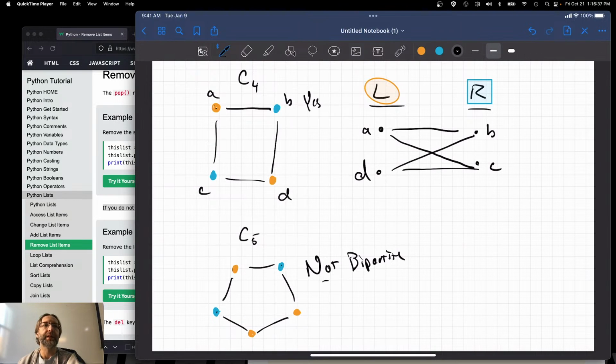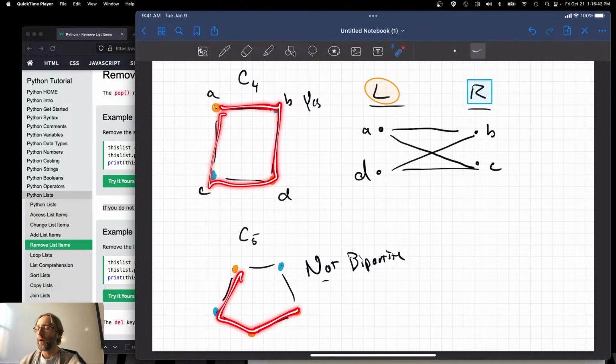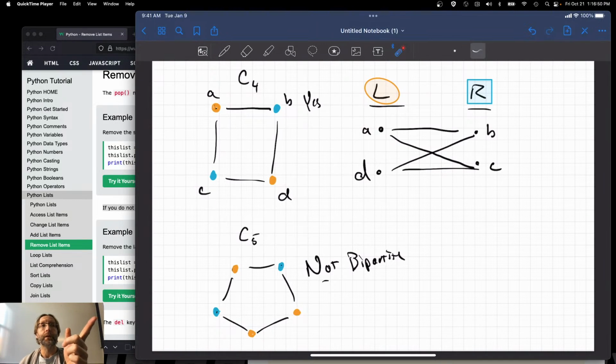So what do you think a necessary and sufficient condition is? We won't prove it today. We don't have time. But what is a necessary and sufficient condition for a graph to be bipartite? It can have even cycles. You're right. It just can't have odd length cycles. Why?